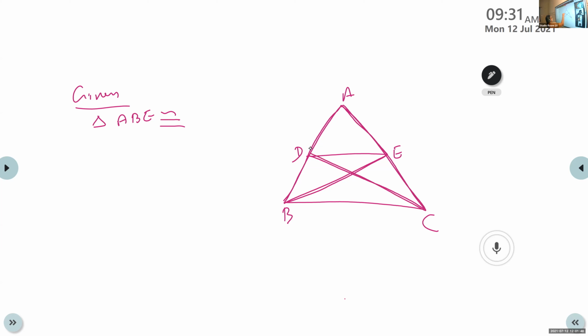One or two times move your fingers on those two triangles, ACD and ABE. These are the congruent triangles.